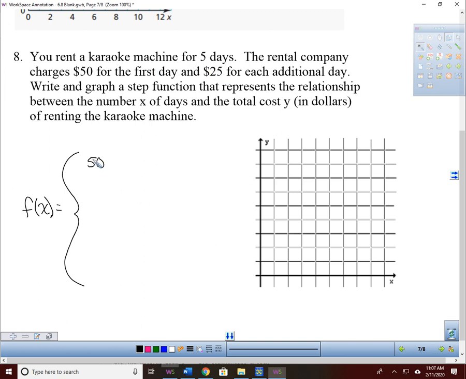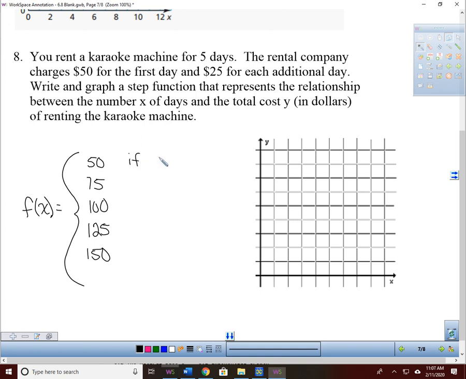So if on day 1 I'm paying $50, day 2 I would be paying $75. Day 3 I would be paying $25 more than that, which would be $100. Day 4, $25 more than that, and day 5, $25 more than that. So this is day 1, right?